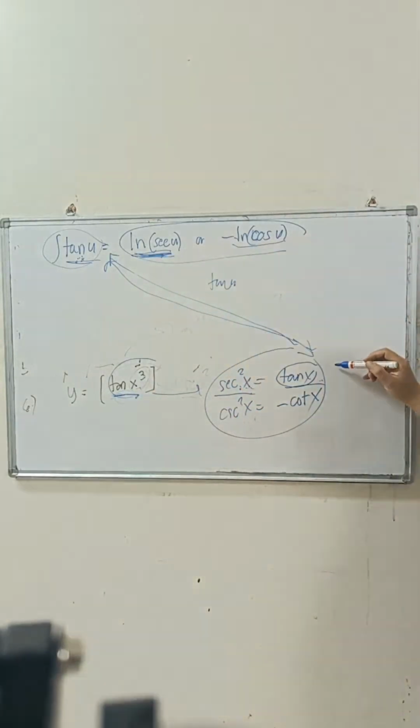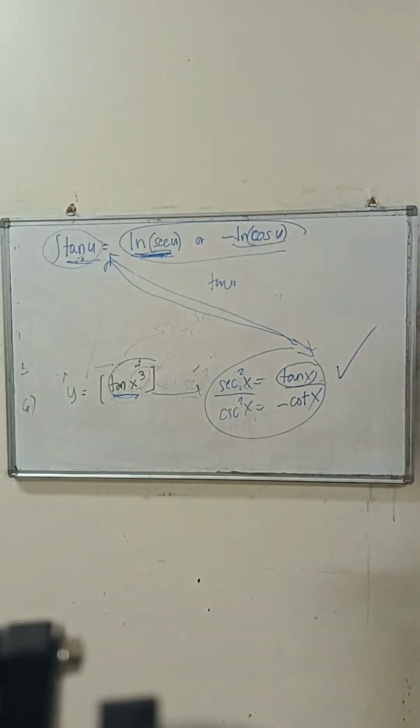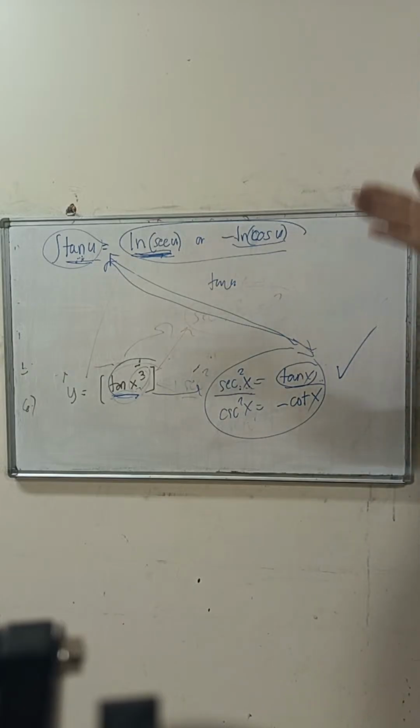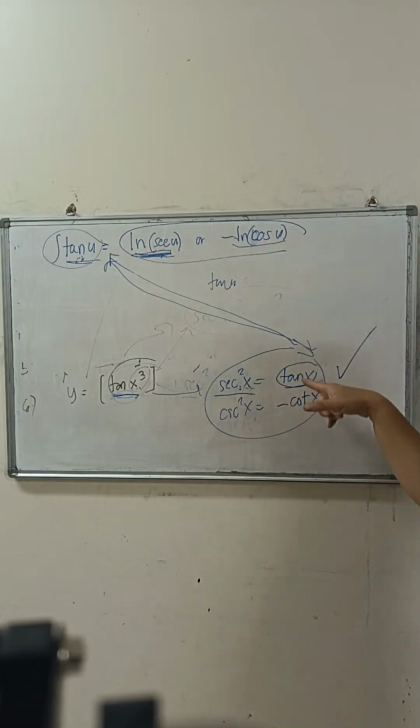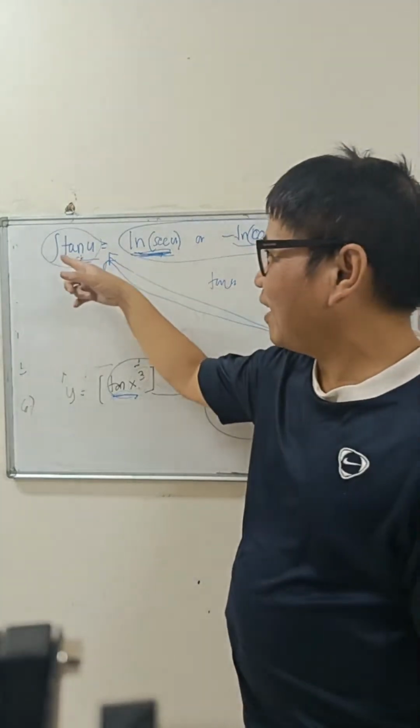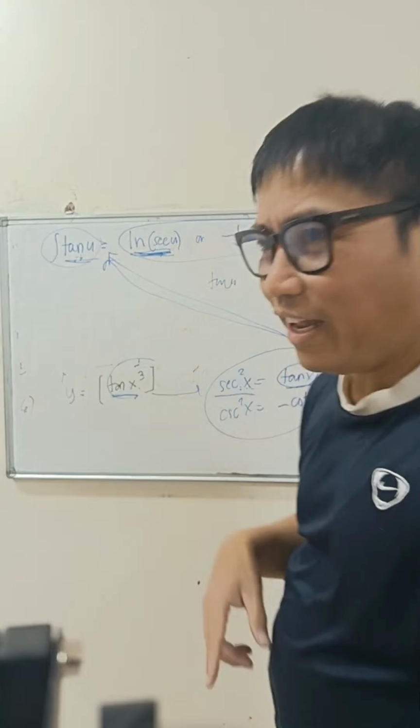That's why we will use this one. This is the disadvantage if you are only memorizing the integral. So dapat pala memorize also the differential formula. It's not enough that you will reverse it. Just like this, I'm confused, right? Because there's also tangent x. There's also tangent here. Okay?